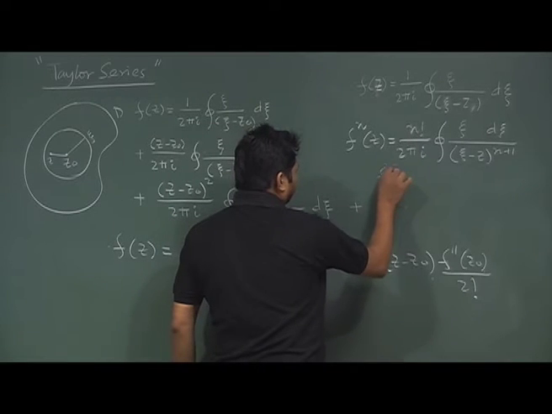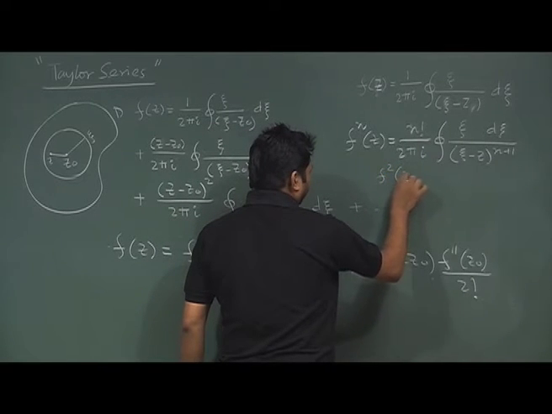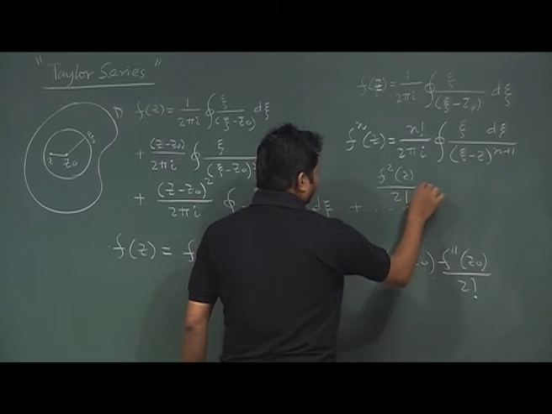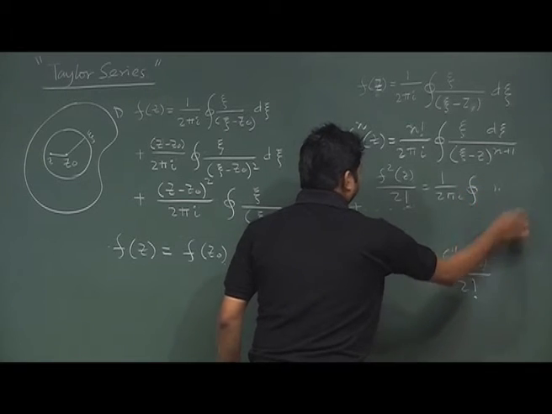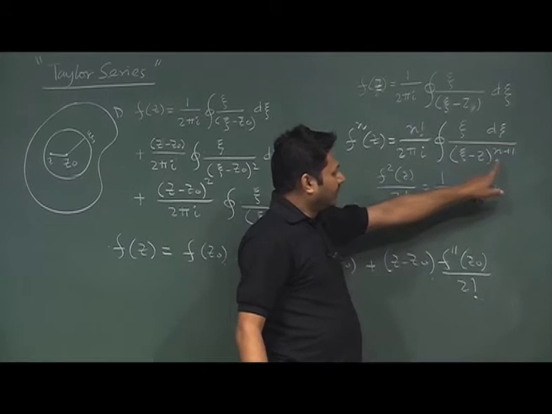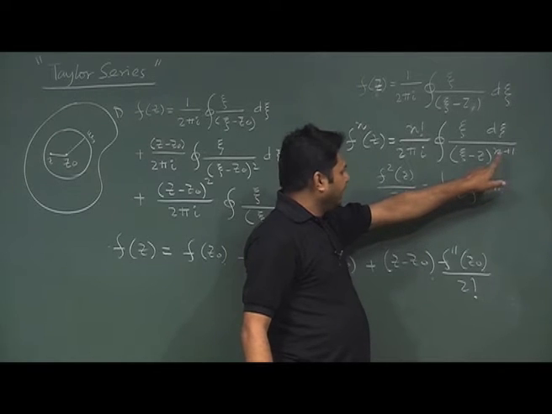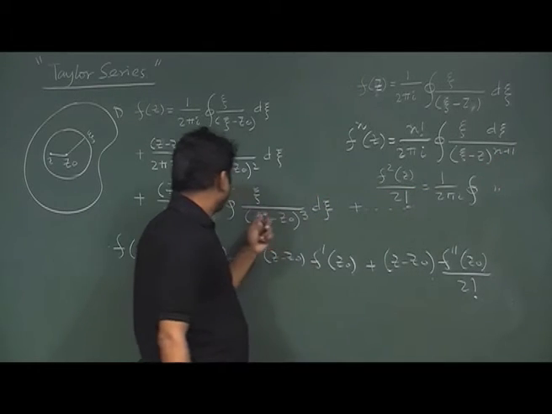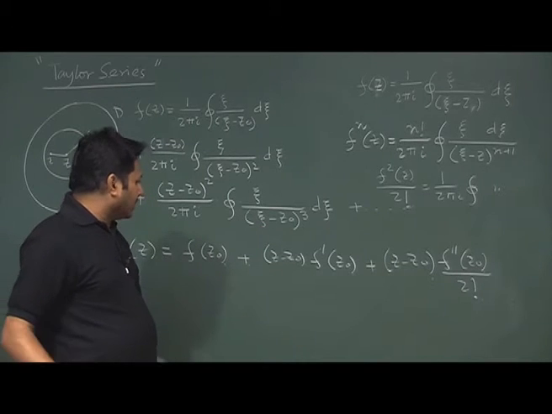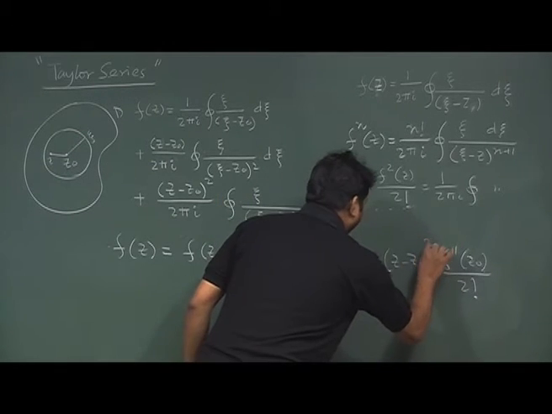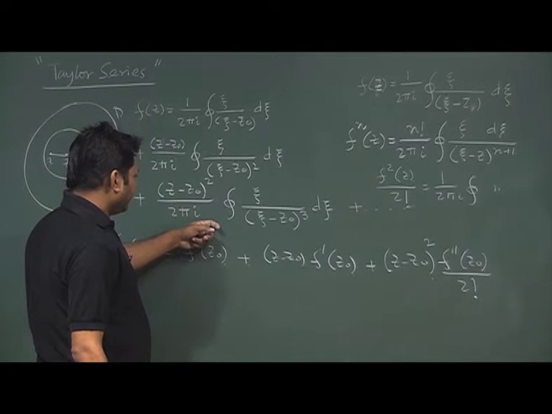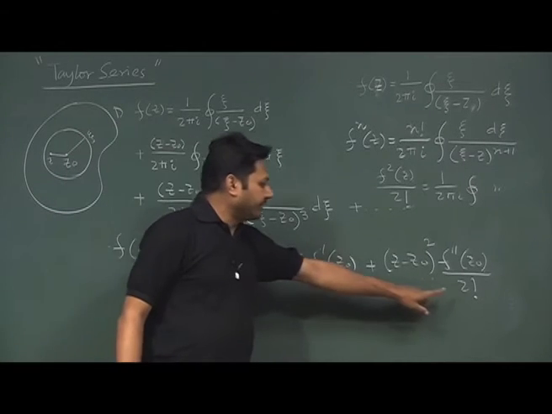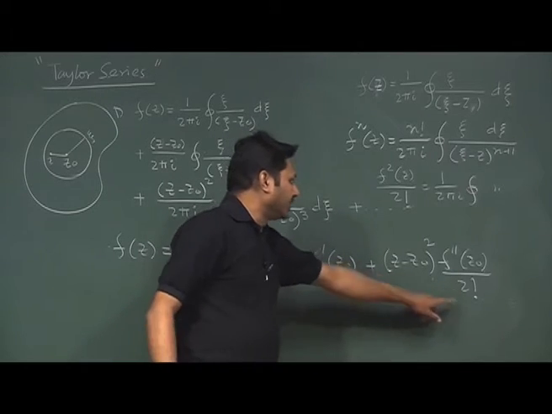So if I check from here, factorial 2 is 1 by 2 pi i integration of the rest. So I am taking this term where n is equal to 1, n is equal to 2, so that means cube term will be here. So here we have the cube term. So here we have a square term, by the way. And I should have a factorial 3 here, factorial 2 here.